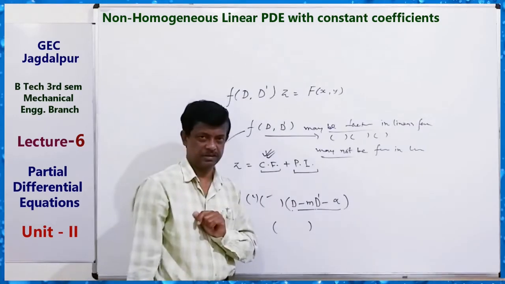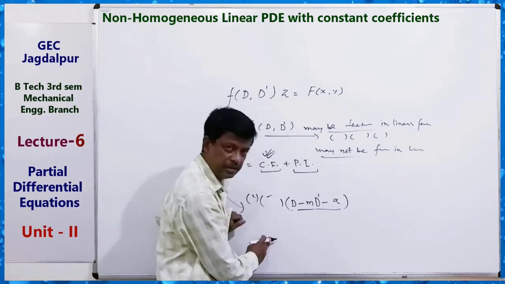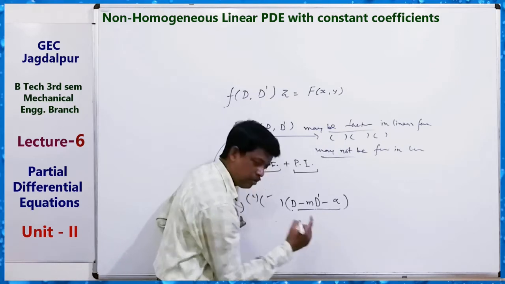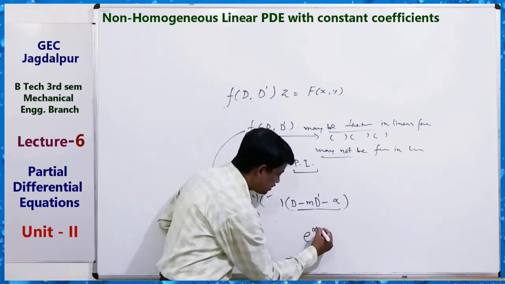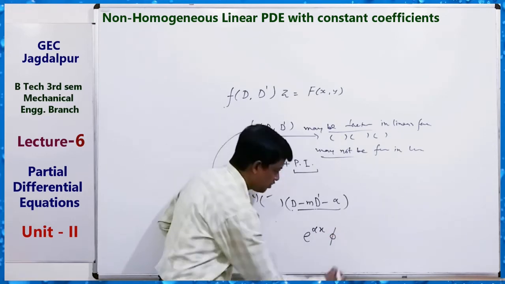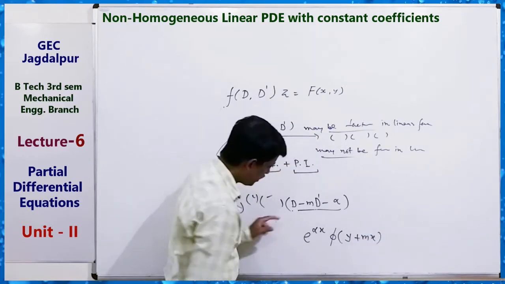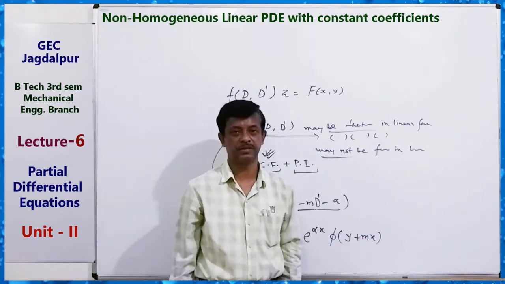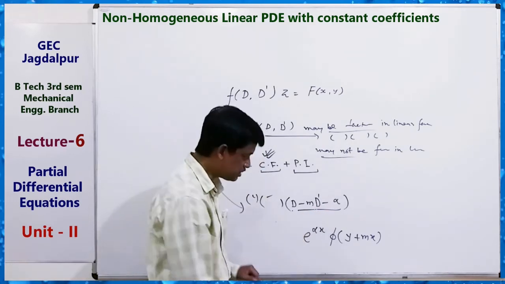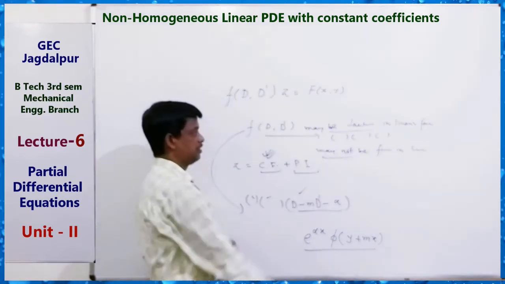Corresponding to this factor, the part of CF is written as e to the power alpha x, note it down, times a function of y plus m x. If here minus m, then here plus m x. If here minus alpha, then it will be alpha x. This is the part of CF corresponding to this factor.